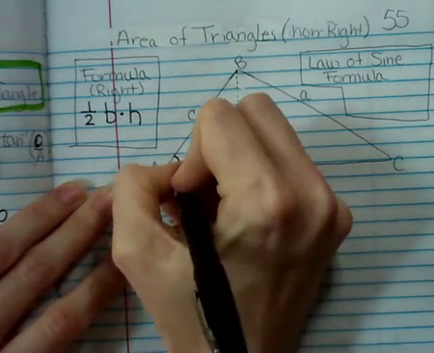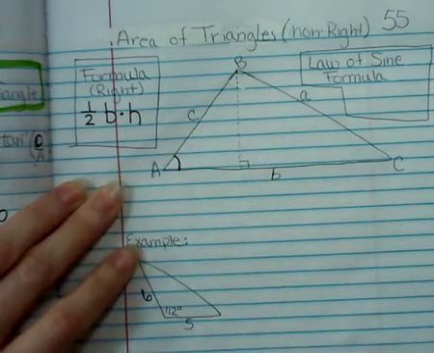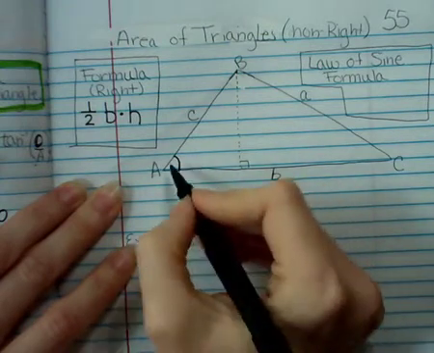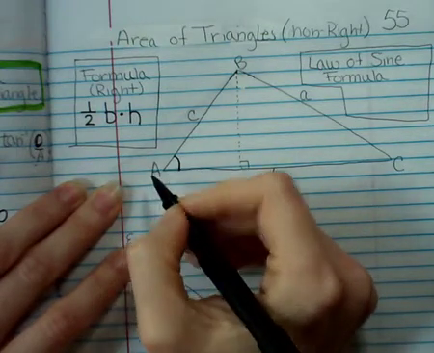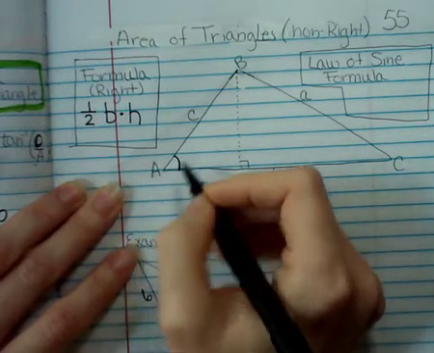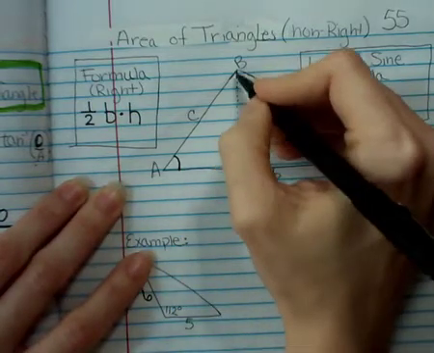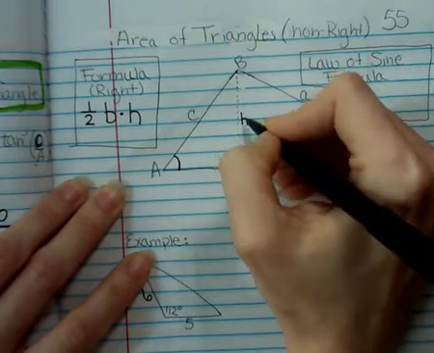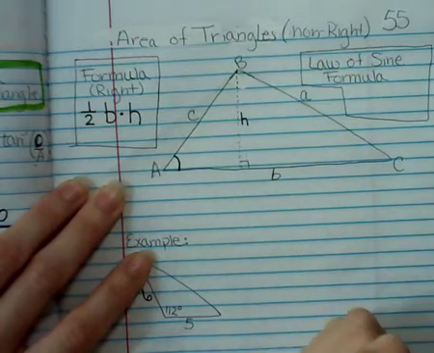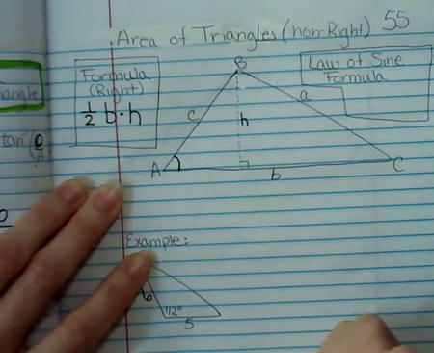We're going to assume that anytime we know an angle, we will always label that angle as A. And then, of course, this is our height, but we're assuming that we don't know the height, so we're going to have to find it.